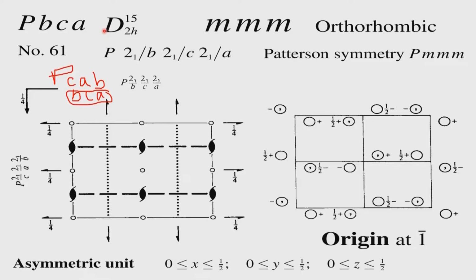Suppose that molecule has a very special behavior. Suppose there is one direction which is very, very large, and that is the direction which is very crucial for the property that compound is showing, and that happens to tell us that the space group is PCAB and that large direction is B. Then we would rather keep it in this form than report as PBCA.